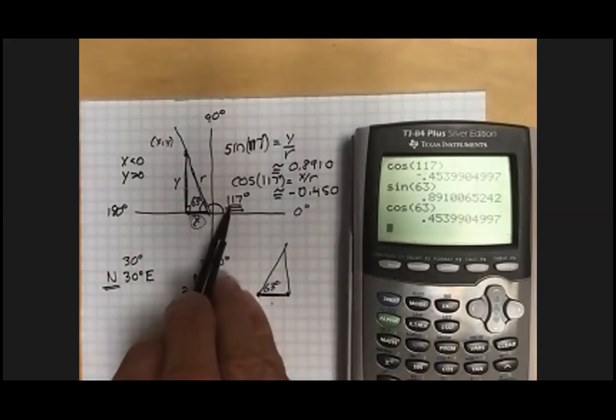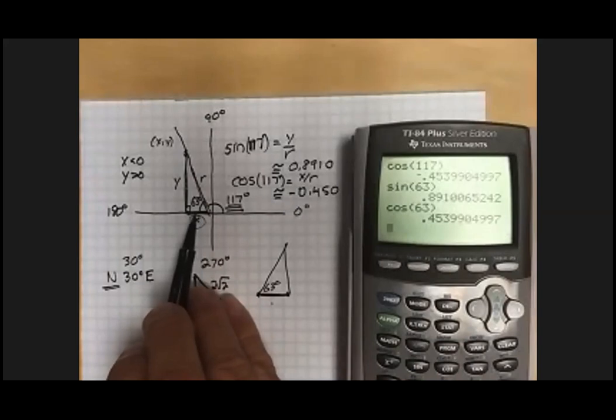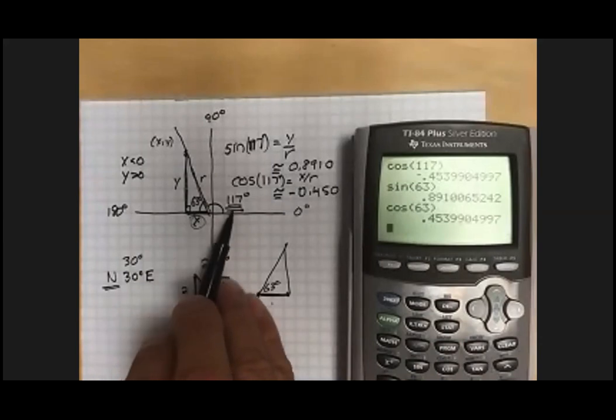Okay, what's the relationship between 117 and 63? It looks like the 63 would help us find the sine, cosine, tangent, and stuff like that because I could just read the triangle. But the sine and cosine of 63 are positive. The sine of 117 is positive, but not the cosine.